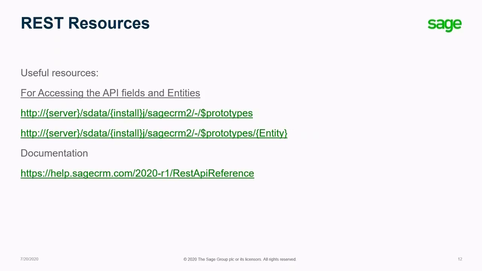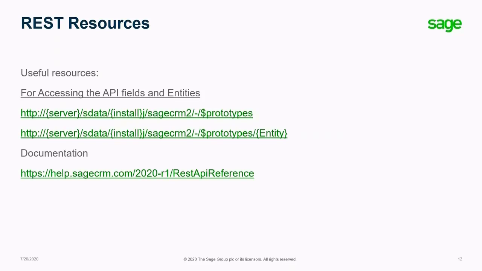It would follow exactly the same URI pattern, but then at the end, instead of saying /company, we would say $prototypes. This would bring me back all the entities that are linked to my current CRM. So if I wanted to see if an entity is discoverable in CRM, I can use /$prototypes to see if an entity comes up.